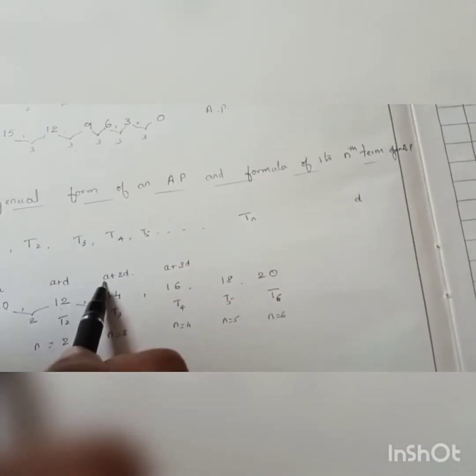See, you can understand A plus D, A plus 2D, A plus 3D. 3D means we know the difference is 2. 2 into 3 is 6. 6 plus A, which is 10, gives 16. So like that, the last term will be A plus n minus 1 into D.